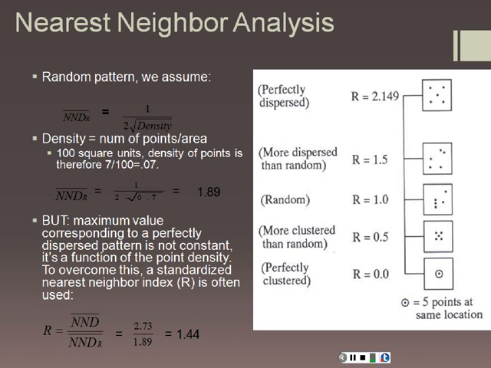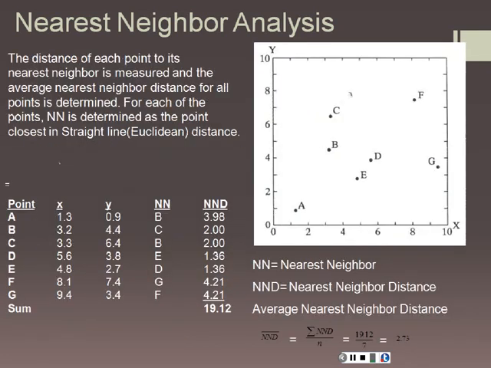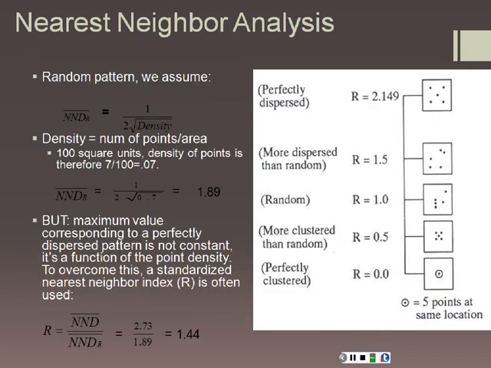But in this case, that point distribution we looked at on the last slide, this one right here, has a standardized nearest neighbor index of 1.44, which is a more dispersed than random pattern.